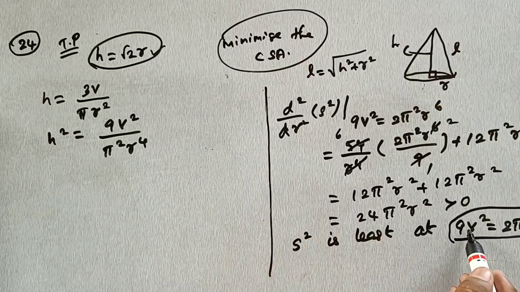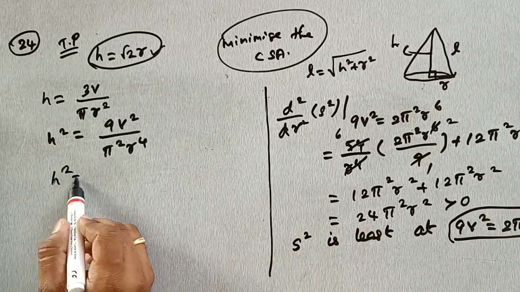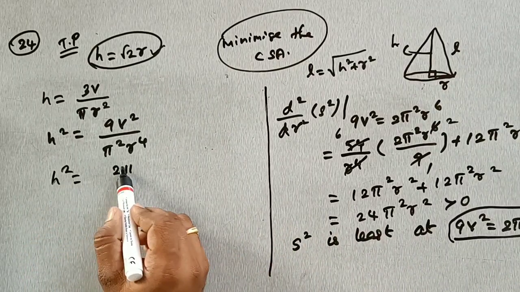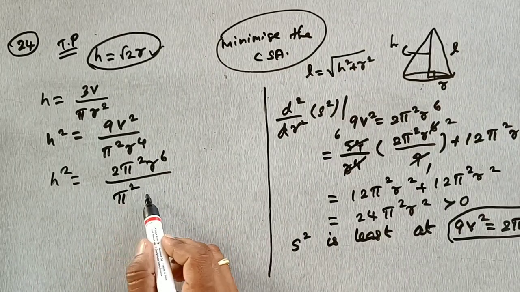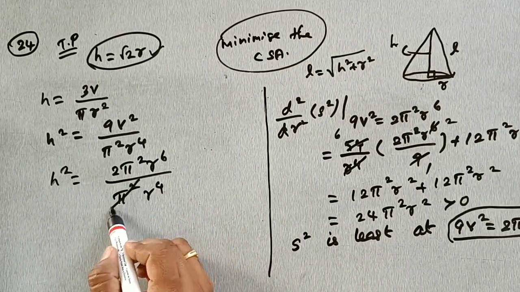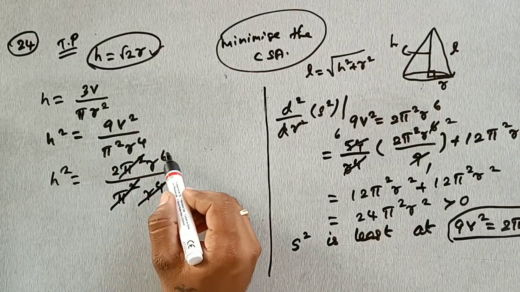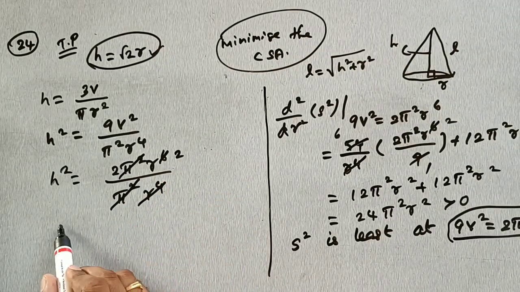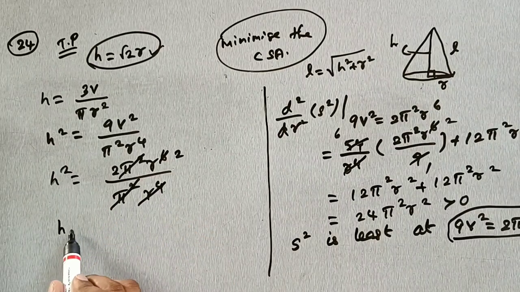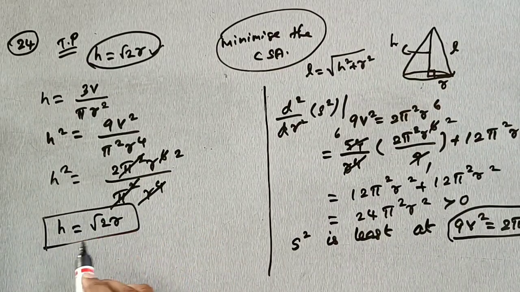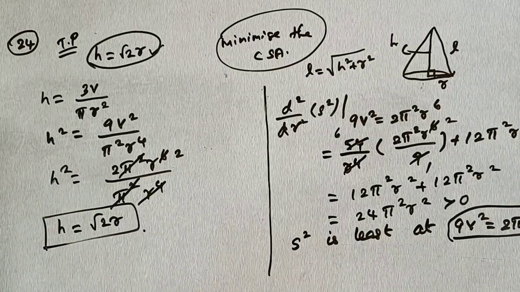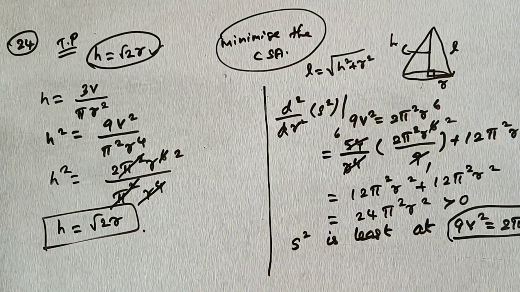So substitute the 9v square value here. h square equals 2 times pi square r power 6 divided by pi square into r power 4. So pi square cancels and we get r square. So h square equals 2 times r square, h equals root 2 times r. That's what I needed to prove. Clear? Next question.